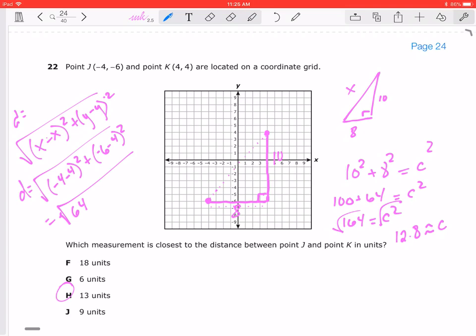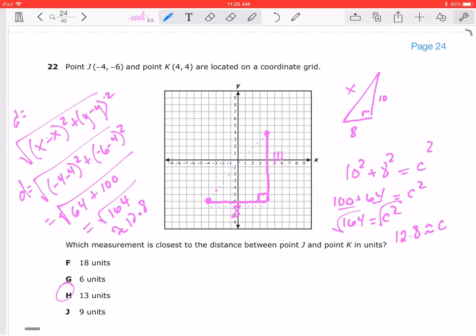And then -6 minus 4 will give me -10, which is 10 squared, which will be 100. Look at that. And that's just what we did over here. Isn't that amazing? So then distance is equal to the square root of 164, which is approximately 12.8.